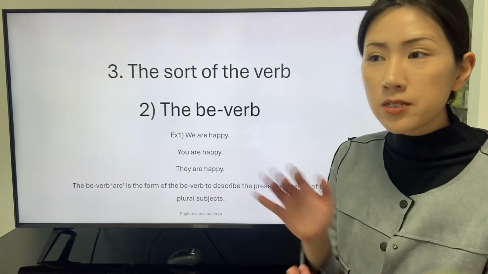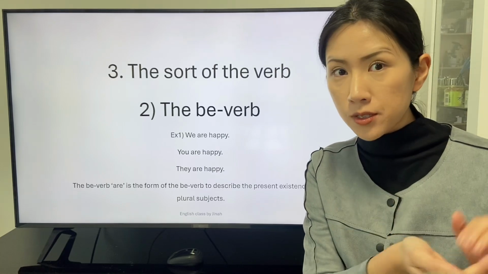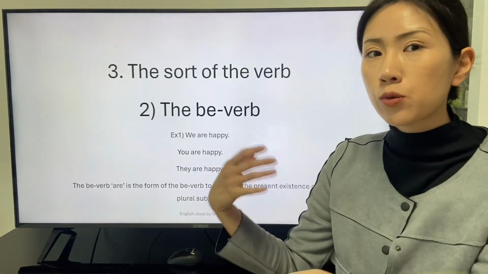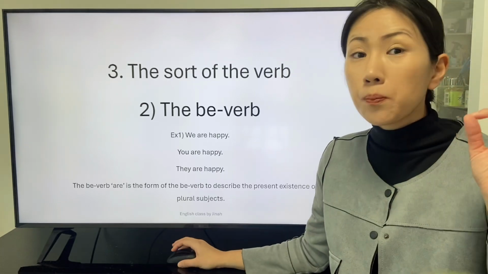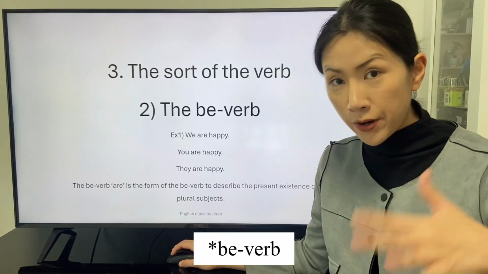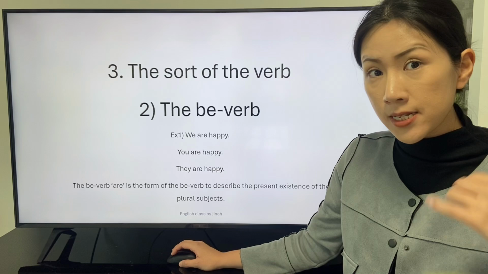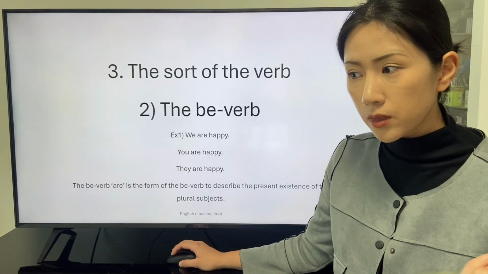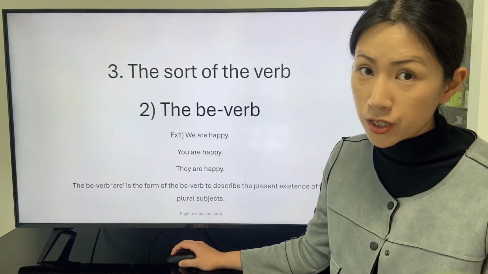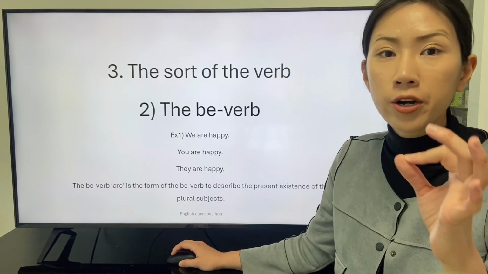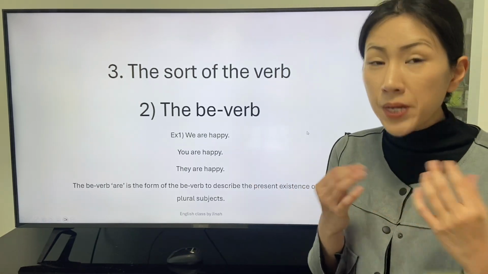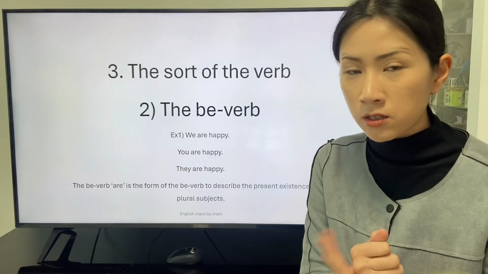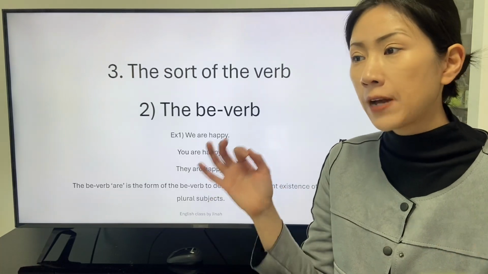The examples are about the forms of the Be-verb to describe the existence of the subject. The Be-verb to describe the speaker as a subject in the clause has the form of am.